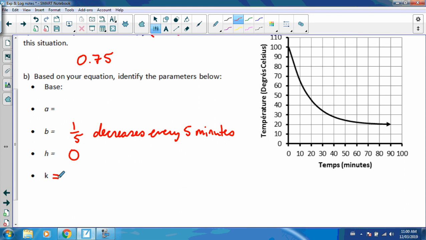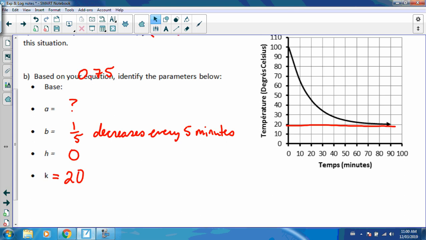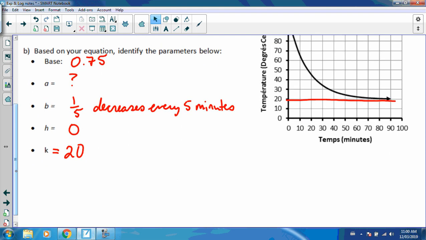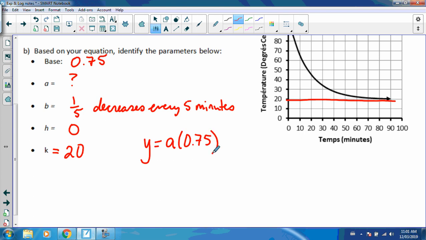K, if you look at the graph, you can see there's K, it's at 20. And the reason why this one is so tricky is because we don't really know what A is. So we're going to have to calculate A in this case. It's a bit of a trickier problem to get the correct model. So I would say y equals A times 0.75 to the m over 5 plus 20.